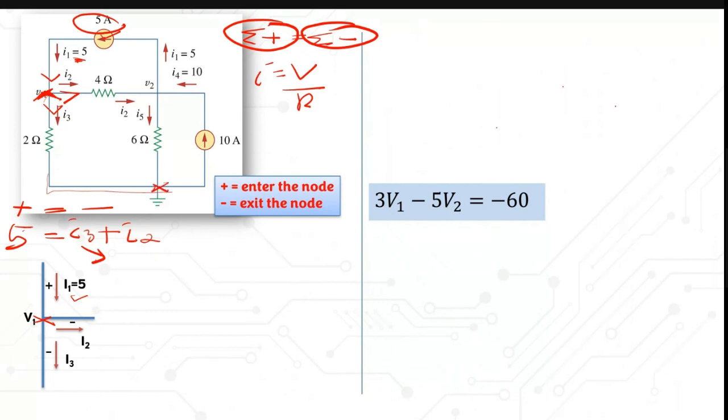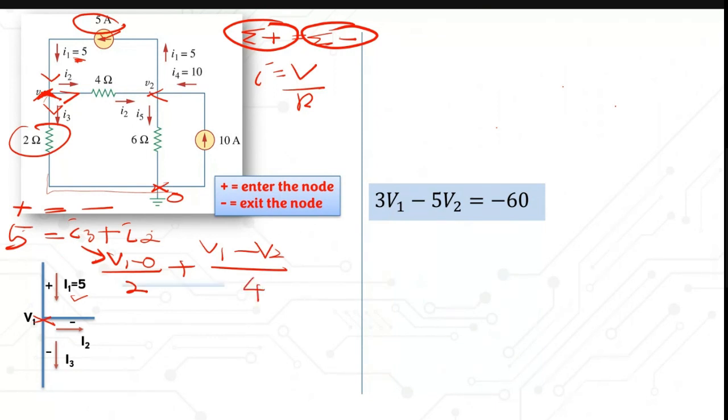So I have V1 minus 0 over R, which is 2, plus I2, in this direction, which is V1 minus V2 over 4, the R. So this is the equation that you have.